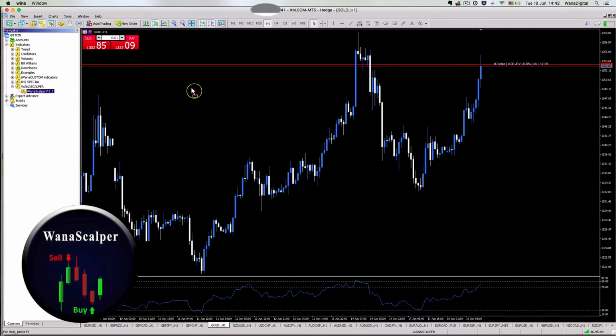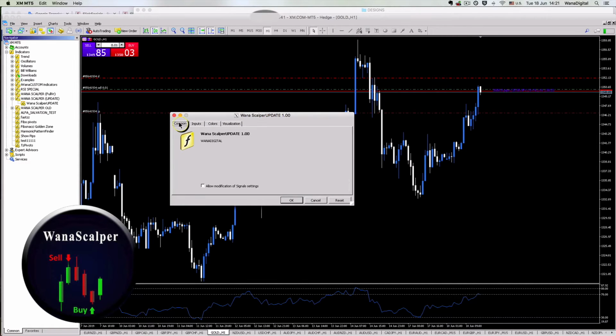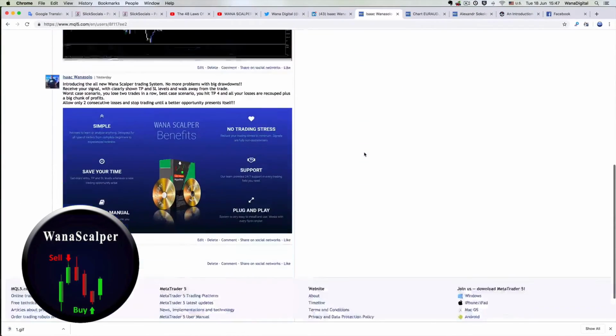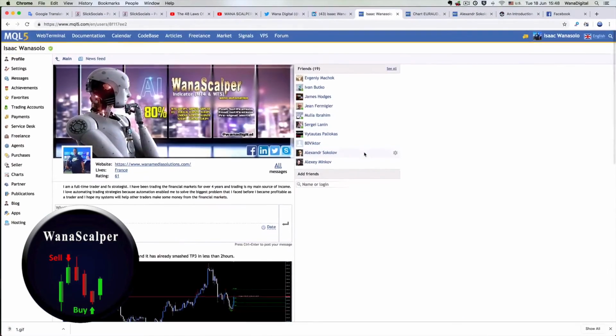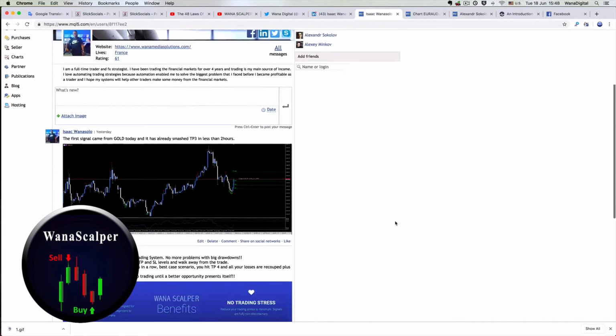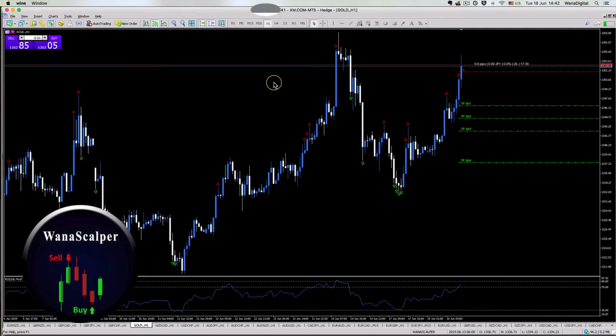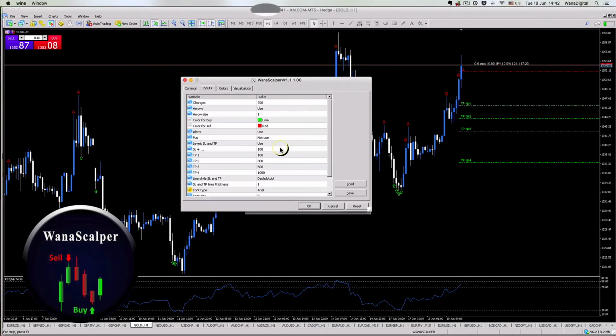And the first time you open it, you're gonna see that the name is there. So it's linking to my MQL5 profile. All right, that's okay. So that will take you live to my profile on MQL5. And then we have the inputs tab over here. So the inputs tab simply allows you to make adjustments to your take profit.